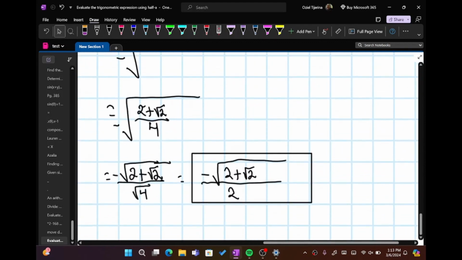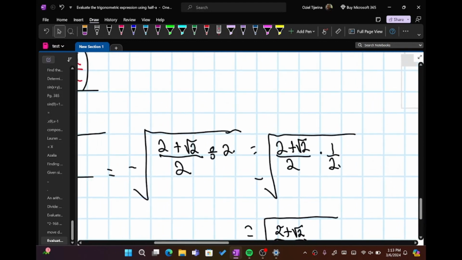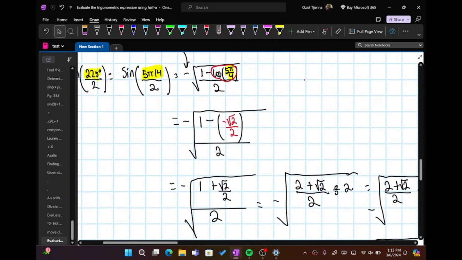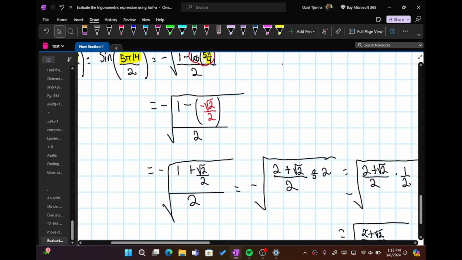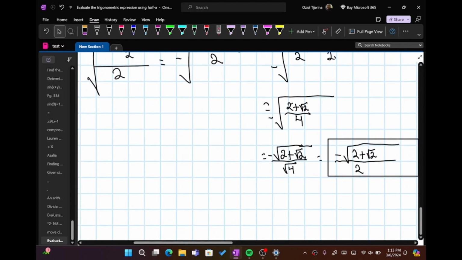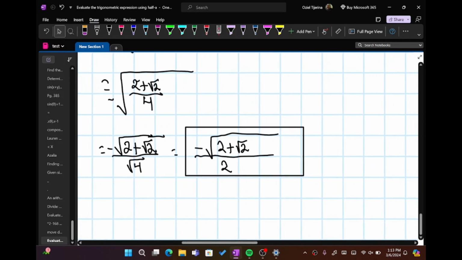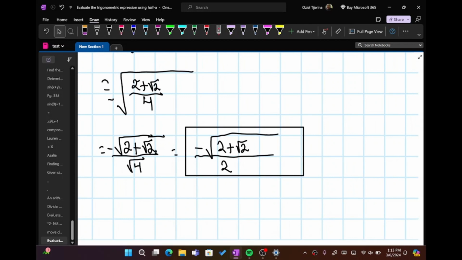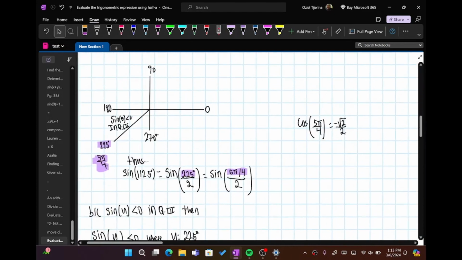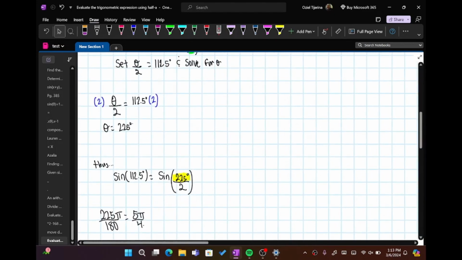We can clearly see the final answer is this, and you want to make sure that you put a negative there, because it's negative in quadrant 3. That is how we evaluate the sine of 112.5 degrees.